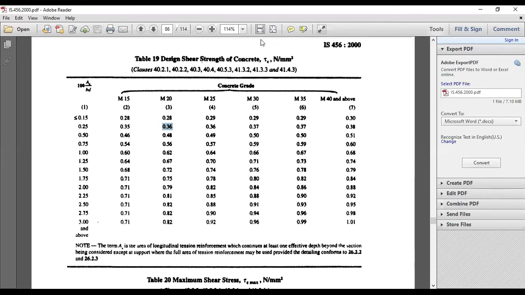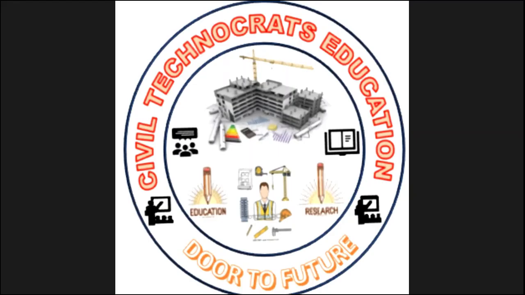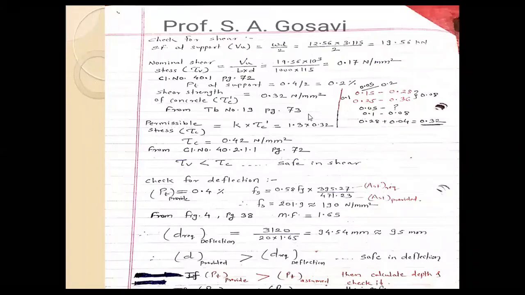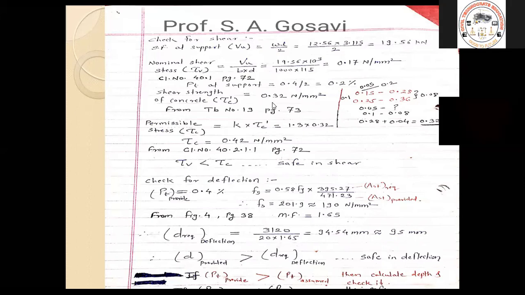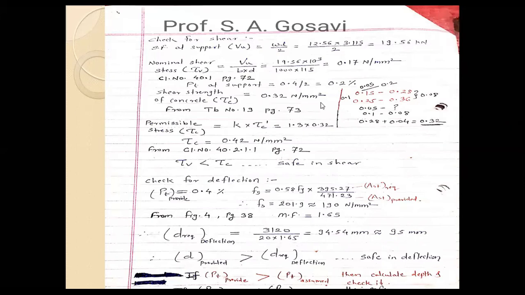The value for 0.2% works out to be 0.32. That is 0.32 Newton per mm square. I hope you understand, it is a simple interpolation.